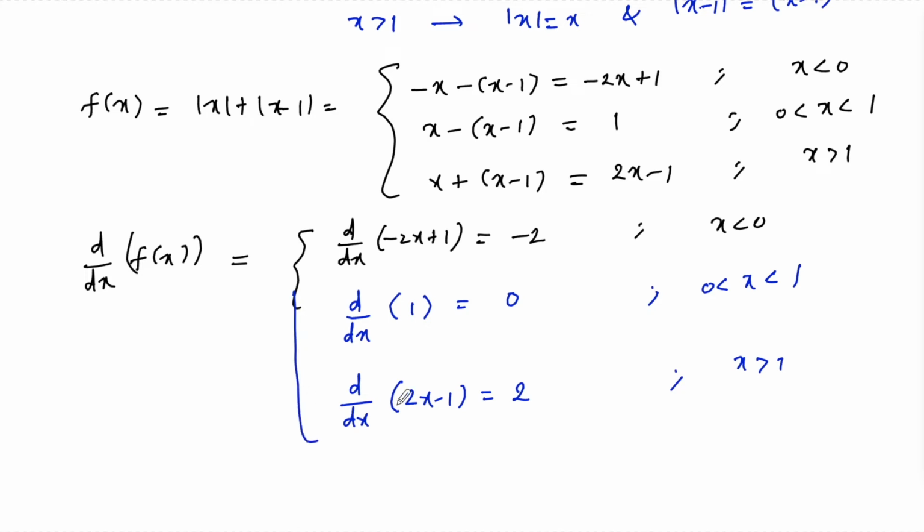So you're getting the three parts. When x is less than 0, differentiation is negative 2, for x lying between 0 and 1 it is 0, and for x greater than 1 it is 2. So these are the three values.